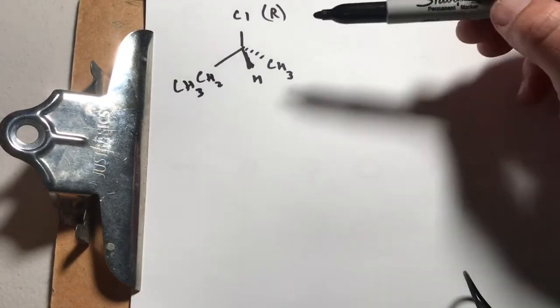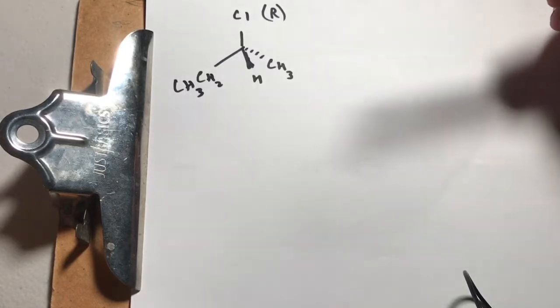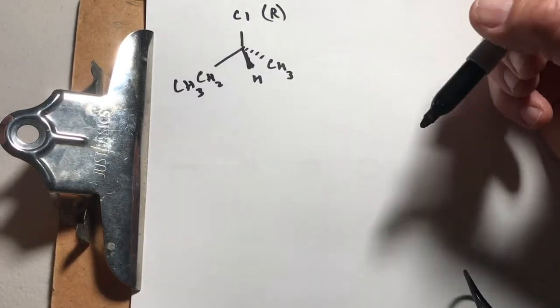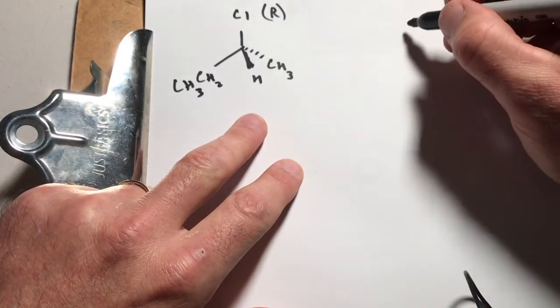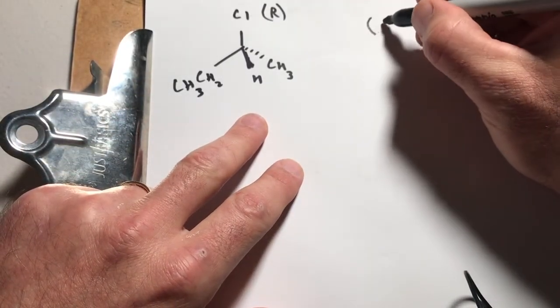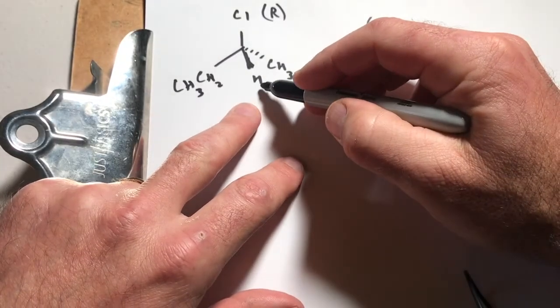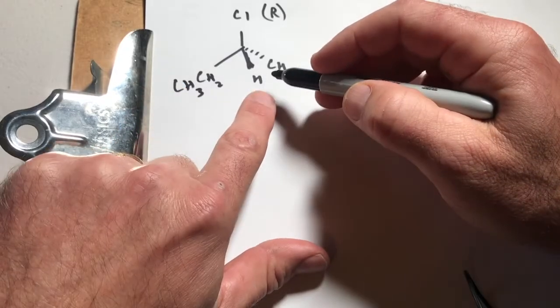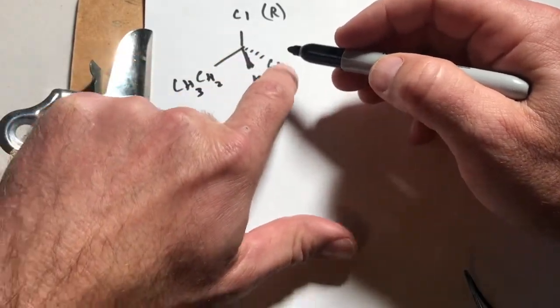Well, it turns out that we could, of course, reflect this in a mirror plane to figure out what the enantiomer is. But there's a clever little thing: if you want to draw the enantiomer of this compound, the S, all you have to do is interconvert any 2 of these groups. So you could switch this H and that ethyl group, that H and that Cl, that H and that CH3.